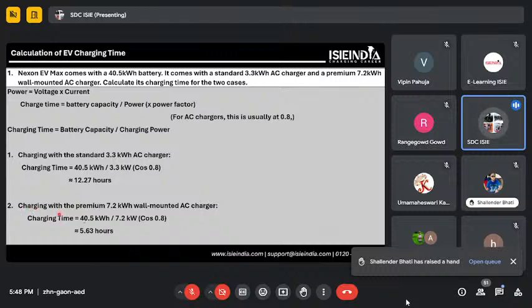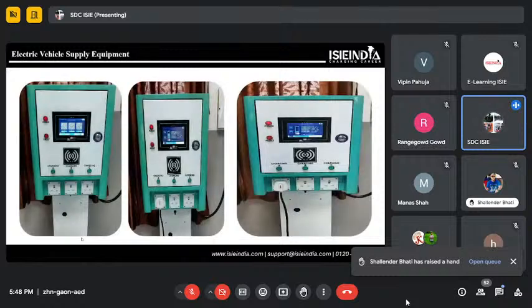With the premium 7.2 kilowatt charger, the power we give to charge the battery increases, and it will take only about 5 to 6 hours to charge your complete vehicle. So according to how much we increase the charger power, it can decrease the charging time of the vehicle, right? So this is one of the EVSE, supply equipment, which we see nowadays in the universal market.